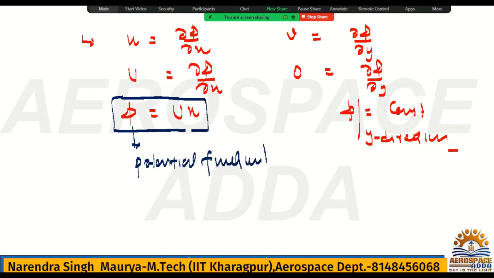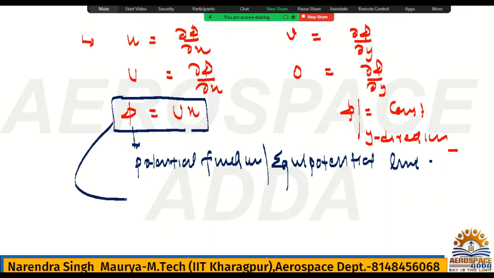If you know the equipotential function, then you can draw the equipotential line. Yes or no? Now we'll draw it. Check. From this you can say phi 1 is equal to ux1, phi 2 is equal to ux2. Yes or no?